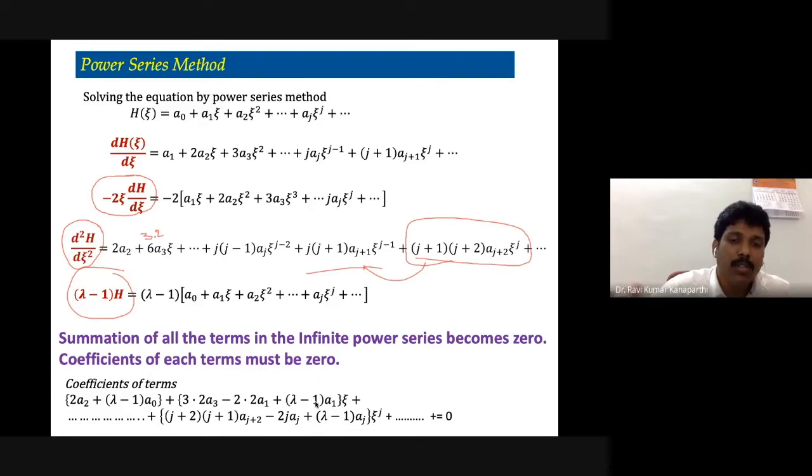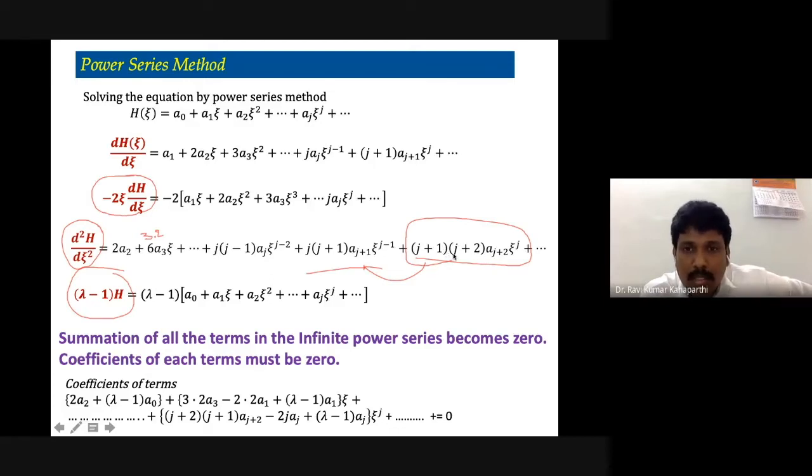A general term also can be written. The general term coefficient is going to be as follows. You can see here, the first term is j plus 1 into j plus 2 multiplied by a_{j+2} z to the power j. That is what it is from this. And then the common term is j into aj z to the power j.